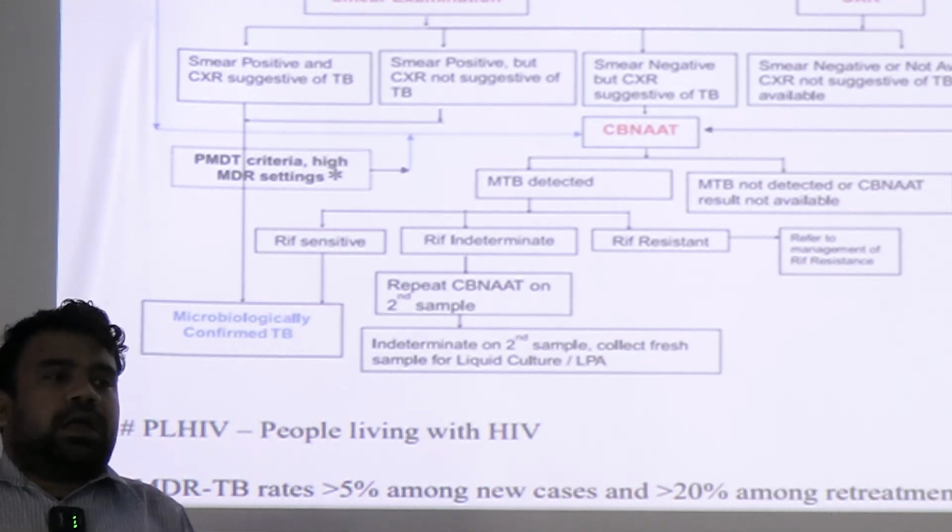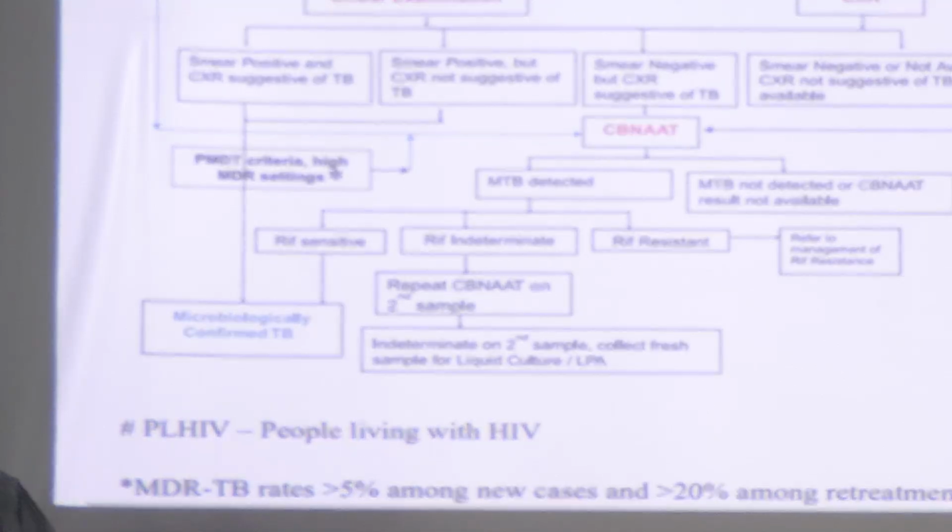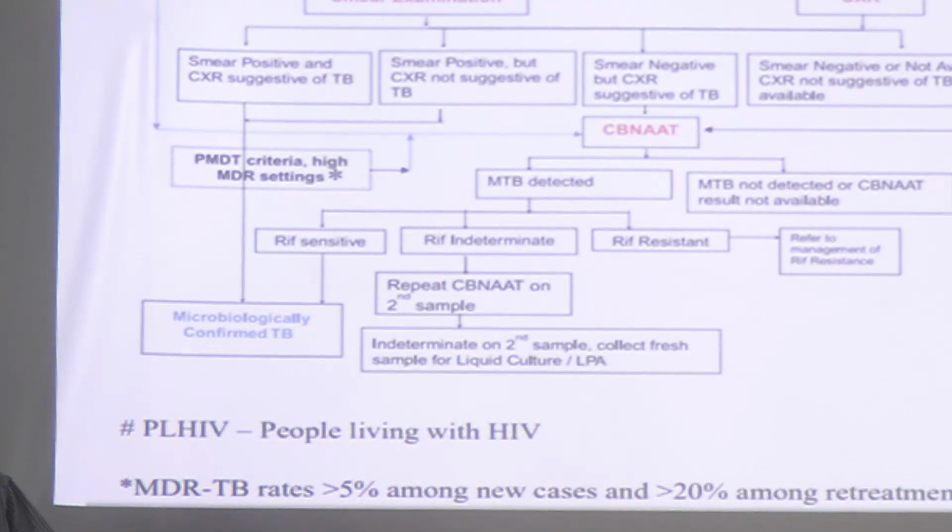Because the first line treatment of tuberculosis includes a 2 month intensive phase followed by a 4 month continuation phase, and the most important drugs are rifampicin and isoniazid. Many patients, especially in India, are found to be infected with tuberculosis bacilli which are resistant to rifampicin and isoniazid, and we call them drug-resistant tuberculosis.